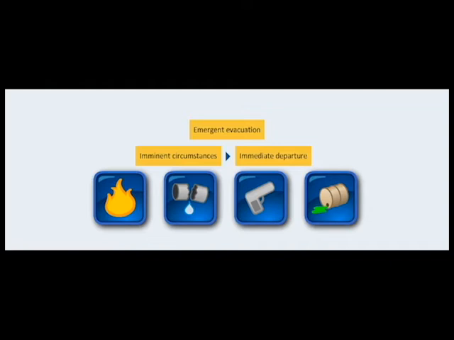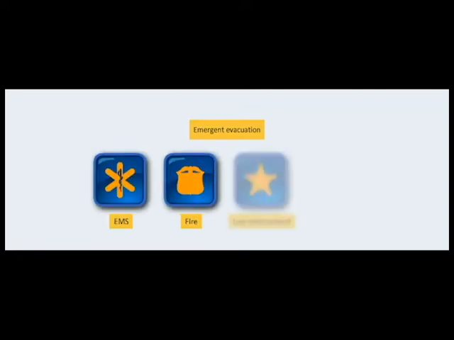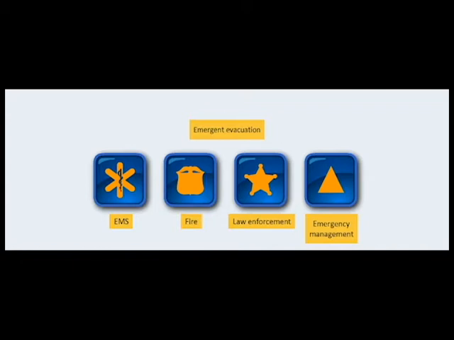In a larger-scale emergent evacuation involving an entire facility, campus, or community, all alternatives to evacuation have been considered and are deemed unacceptable to the unified command or authority having jurisdiction. In an emergent evacuation, it may be expected that public safety resources, EMS, fire, law enforcement, and emergency management will play a significant role in initial evacuation activities.